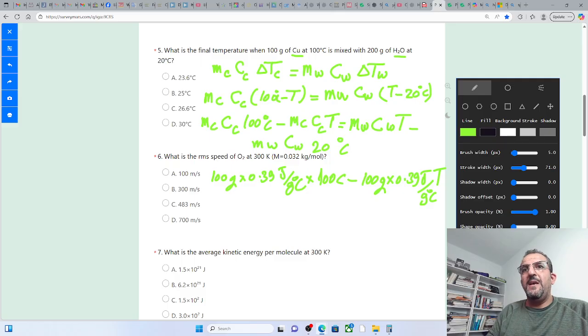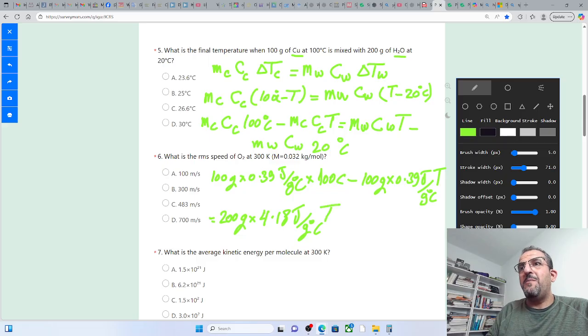And that's equal to the mass of the water, which is 200 grams, times the specific heat of the water, 4.18 joule per gram Celsius, multiplied by the equilibrium temperature, and then minus the mass of the water again, 200 grams, multiplied by the specific heat of the water, 4.18 joule per gram Celsius, and then multiplied by 20 Celsius.